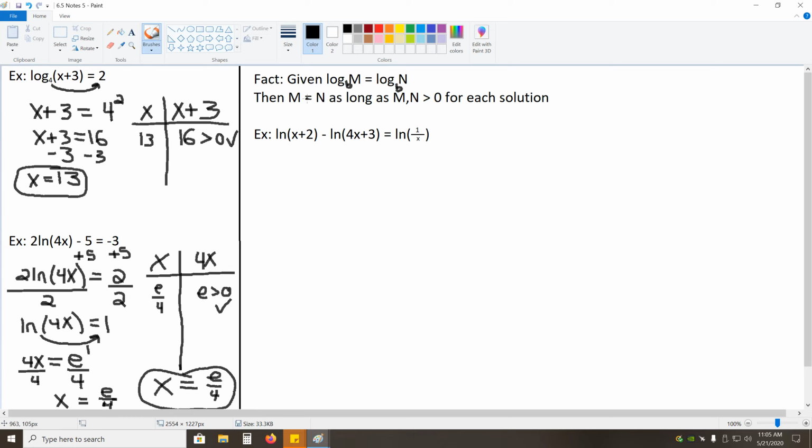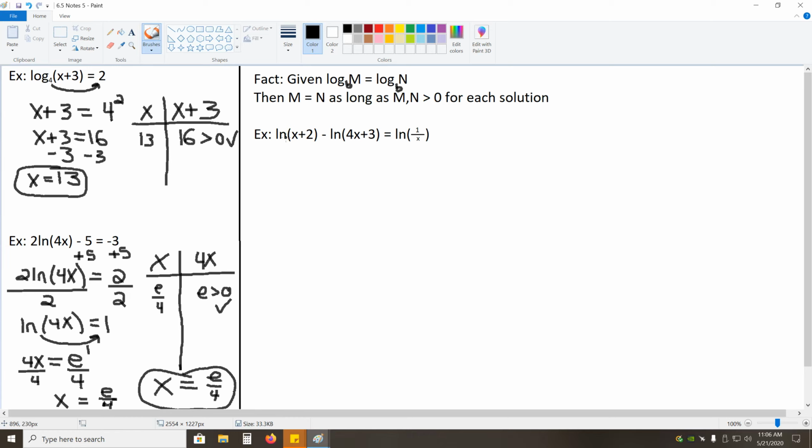The insides are equal to one another. As long as we make sure that m and n are greater than 0 for every solution. If they're not greater than 0 for every solution, then we omit the solutions that cause them to be less than or equal to 0.